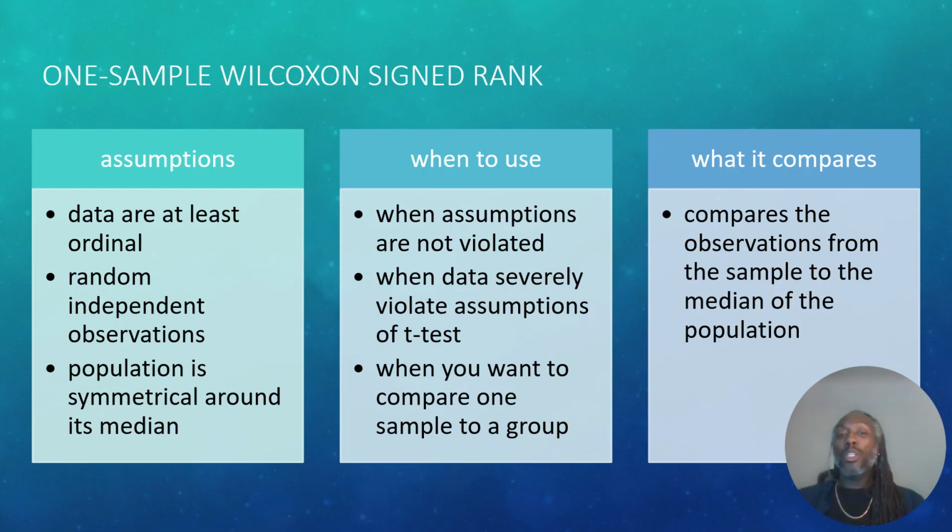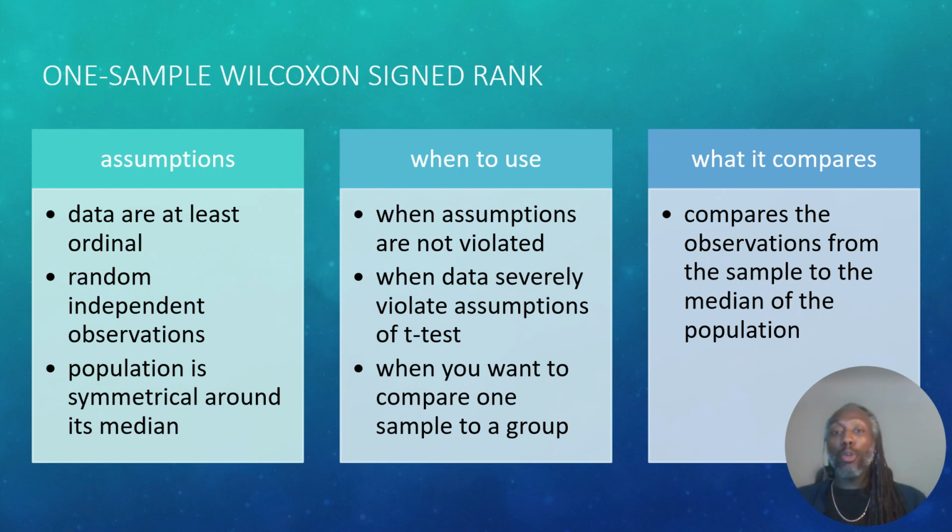So you only really want to use this when the assumptions of the T and Z tests are violated. If we're thinking about normality, your data have to be really non-normal before we're going to use this test.